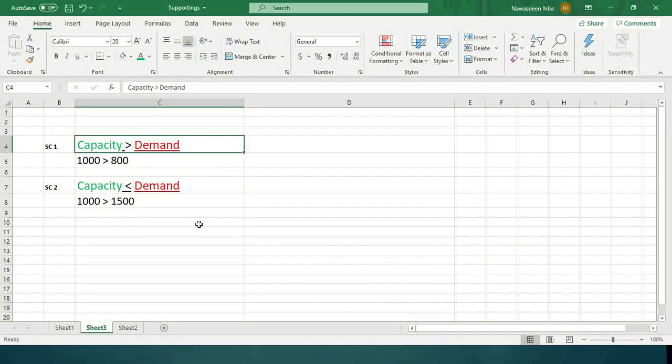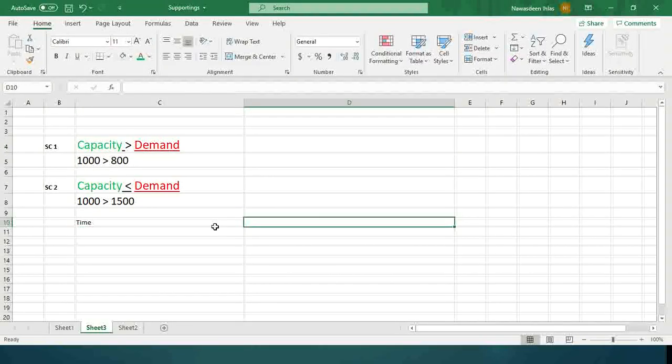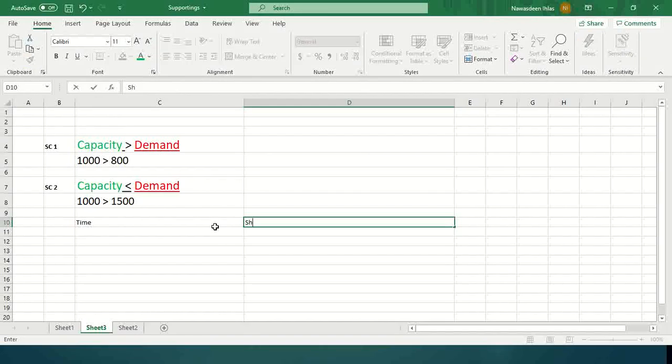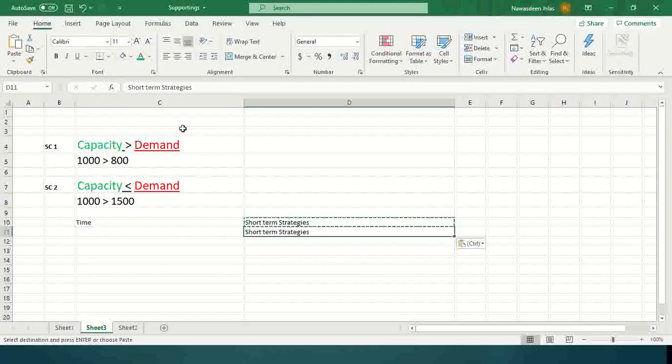So here, based on time, we are dividing into two types: short term strategies and long term strategies.